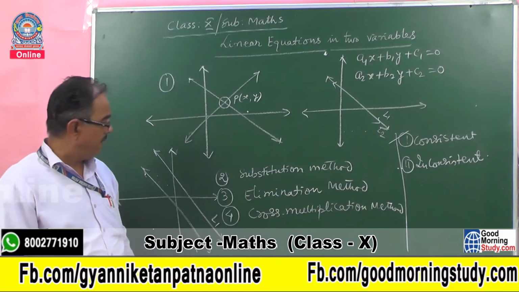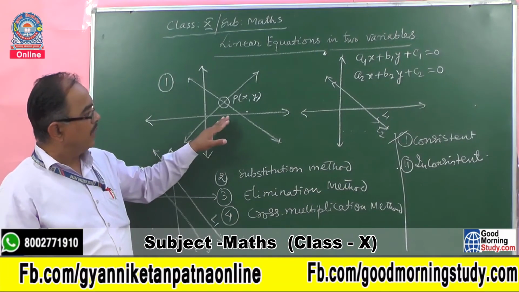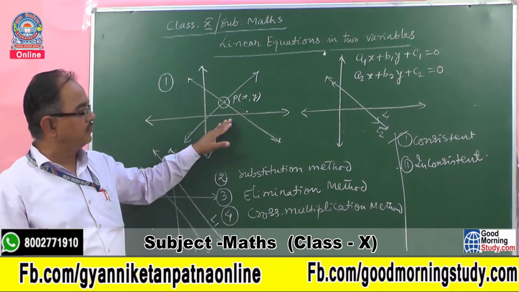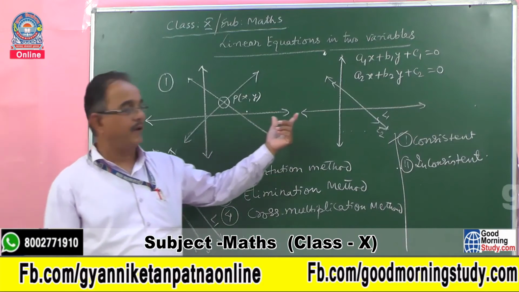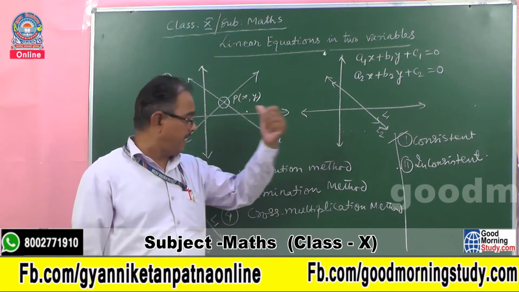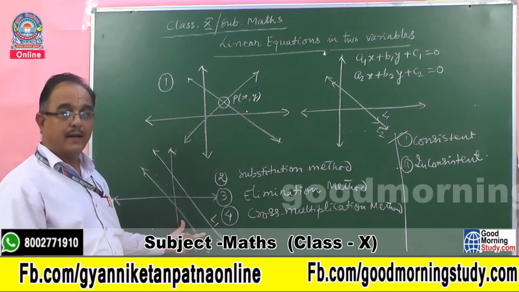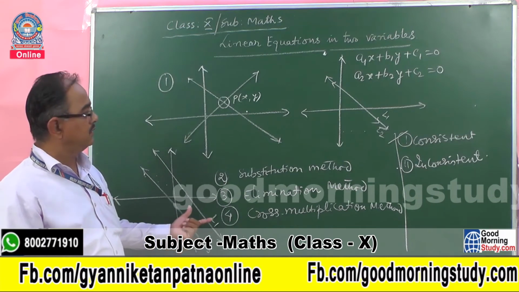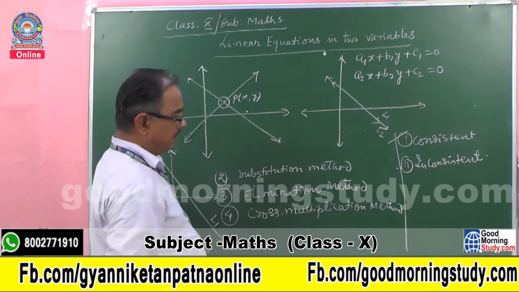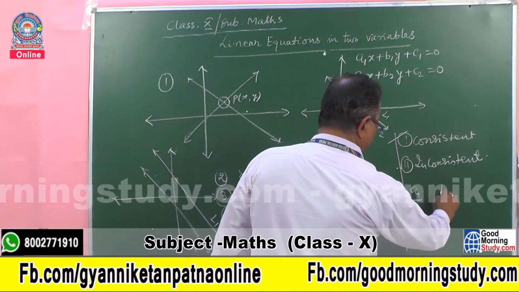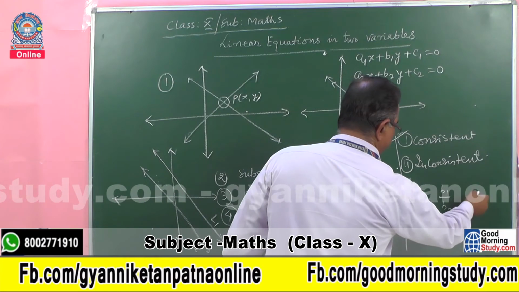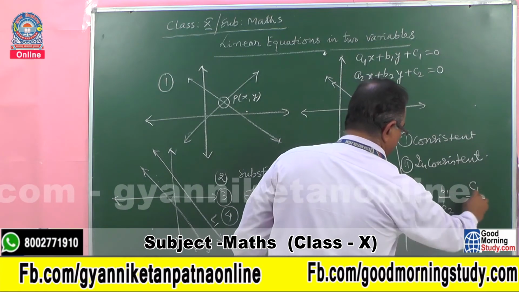Clear? So without drawing the graph, how can you say that the graph lines are intersecting lines, coincident lines, or parallel lines? For this, you have to observe the condition a1 by a2, b1 by b2, and c1 by c2.